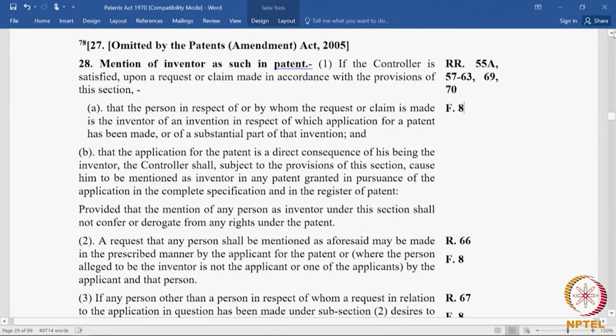So, in cases where the person alleged to be the inventor is not the applicant or one of the applicants, then by the applicant and that person. So, this is what is mentioned in the Act.